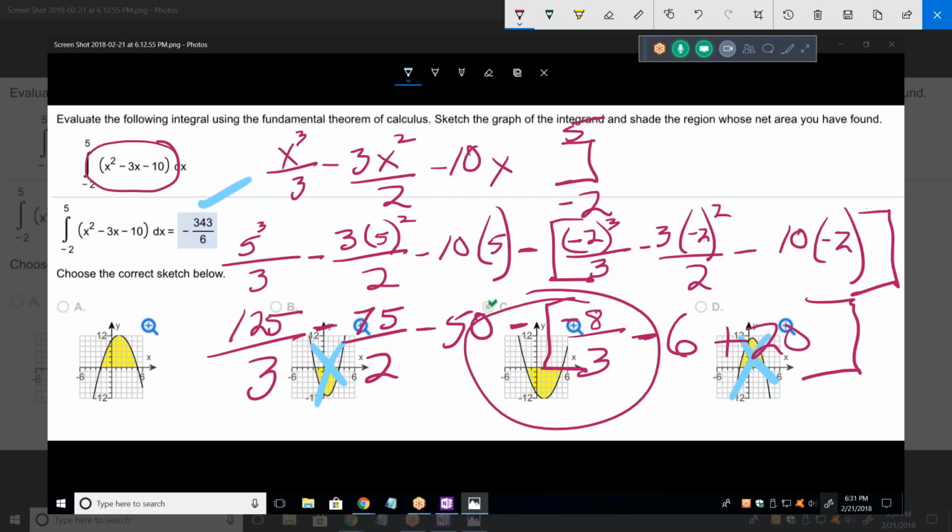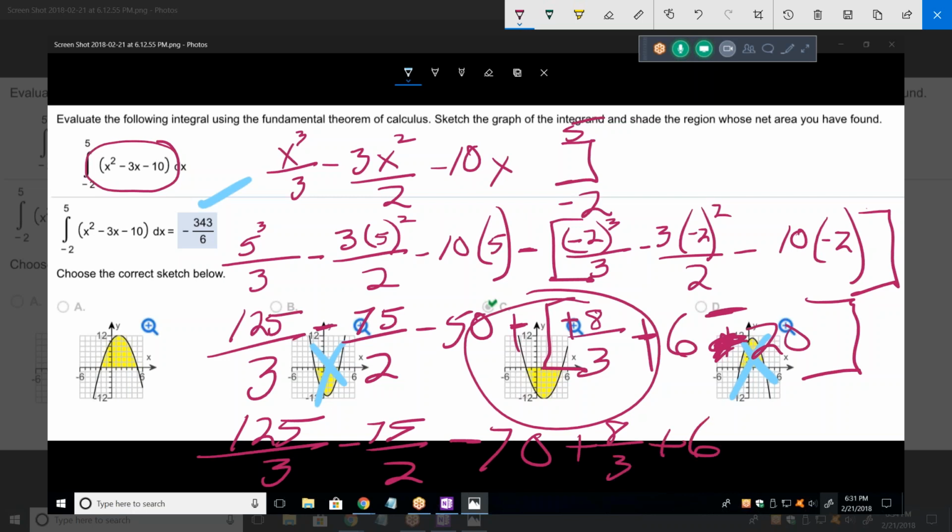And now we want to remove the bracket. So that becomes a plus, that's a plus, that's a plus, that's a minus. So what do we got here? We've got 125 thirds minus 75 halves minus 50 minus 20, that's minus 70, plus 8 thirds plus 6.